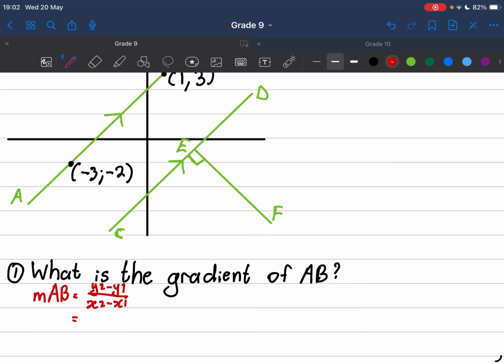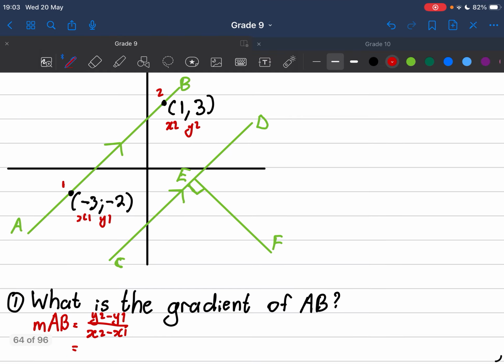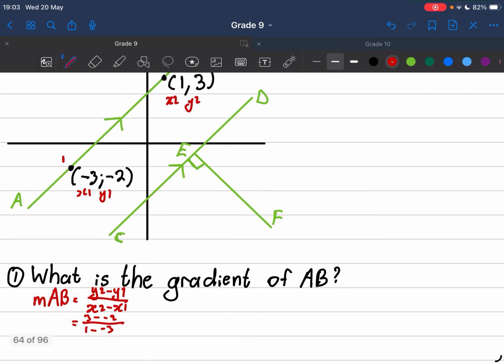The first point is this one, as read from left to right, and this will be the second point. So this is x1, y1 and x2, y2. Your calculation is going to be 3 minus -2 over 1 minus -3.